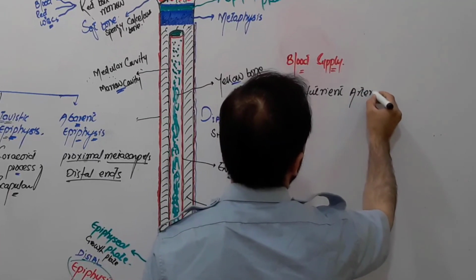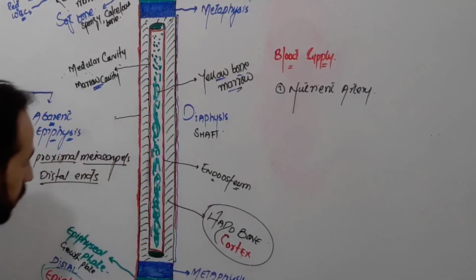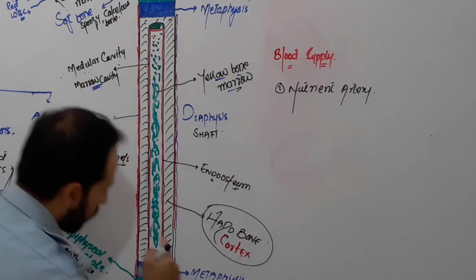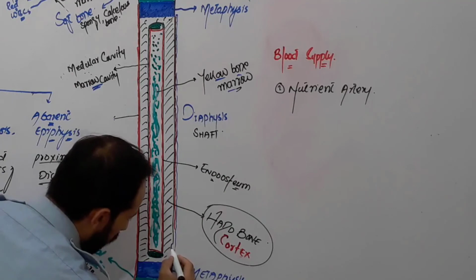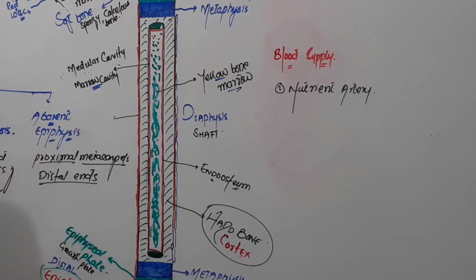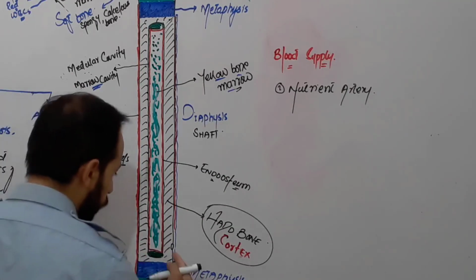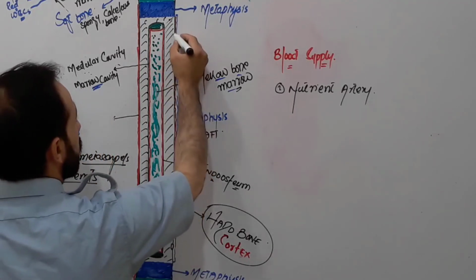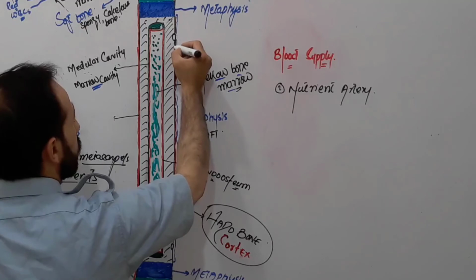Look carefully my dear friends. In the shaft, either in the lower part or the upper part of this diaphysis, there is a very small foramen, right? Either in the lower side or the upper side, or on the right side or the left side.